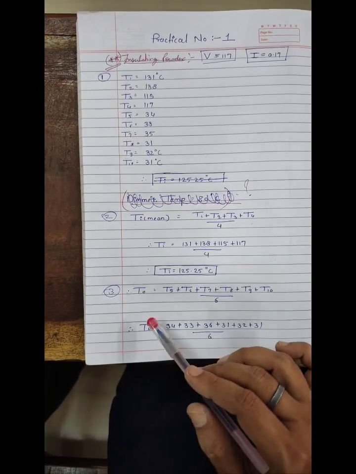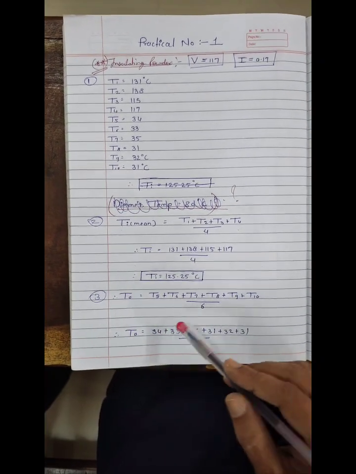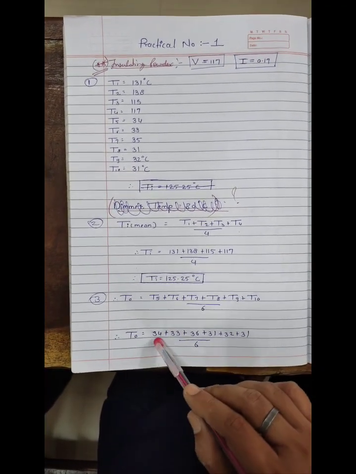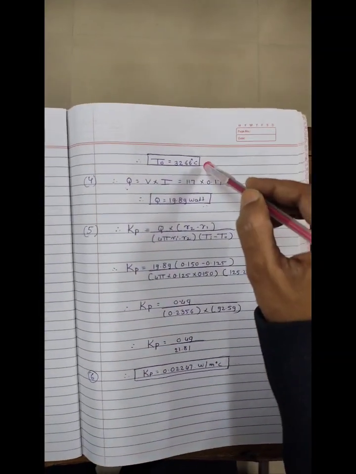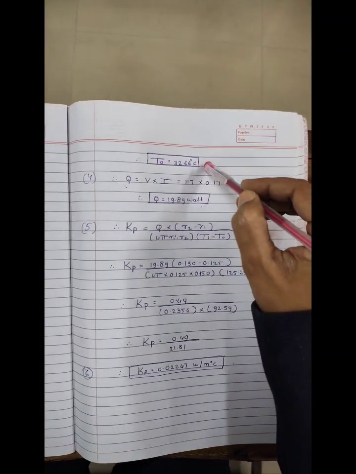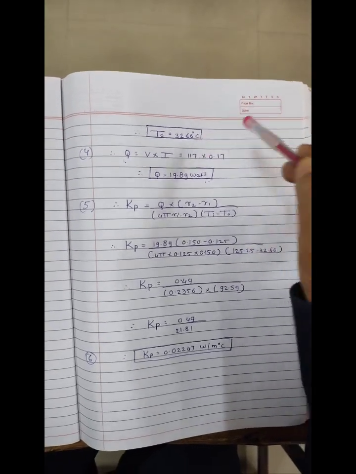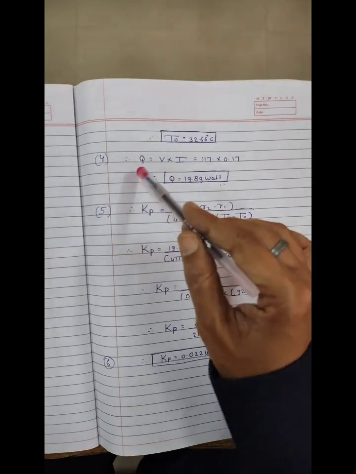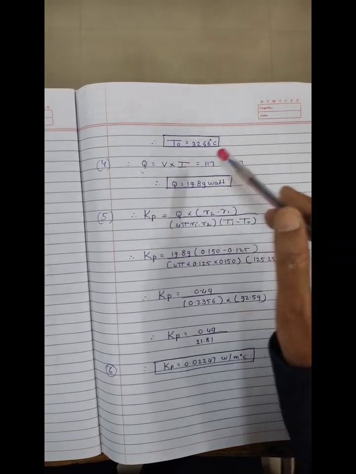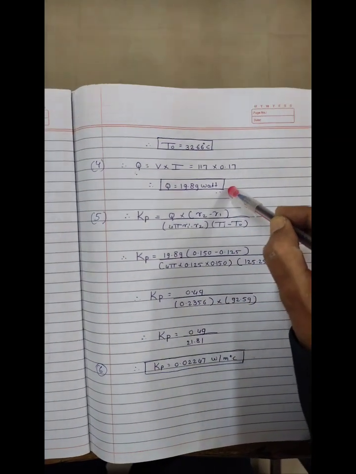In the same way we calculate the outer sphere mean temperature, and we get 32.66 degrees Celsius. This is our power supply heat, voltage times current, and we get 19.89 watts.